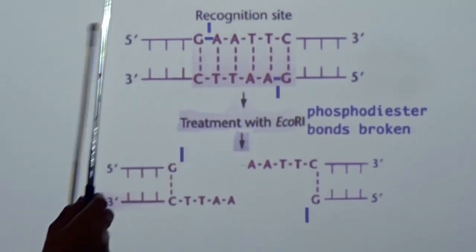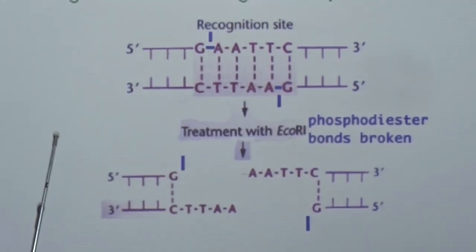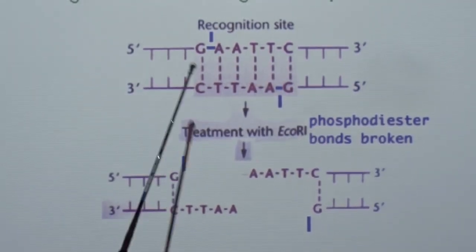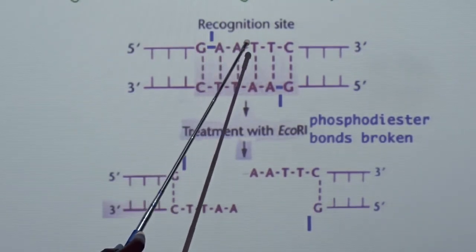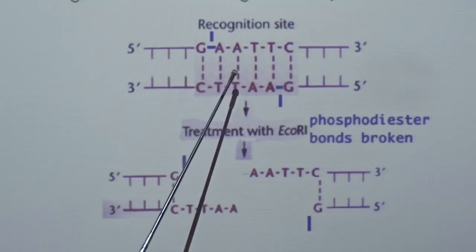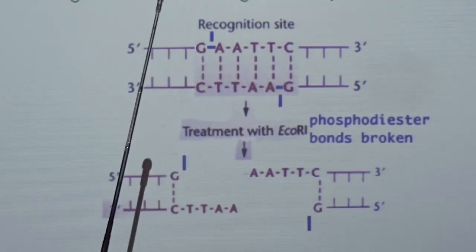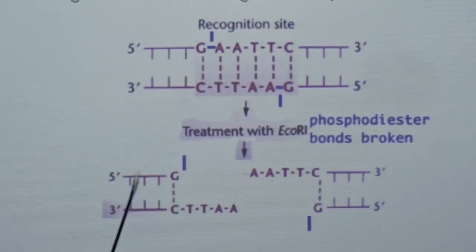This is the DNA molecule, 5' to 3' and 3' to 5'. What you see here is A, G, A, T, T, C, C, T, T, A, G. Both strands are cut by restriction endonucleases.